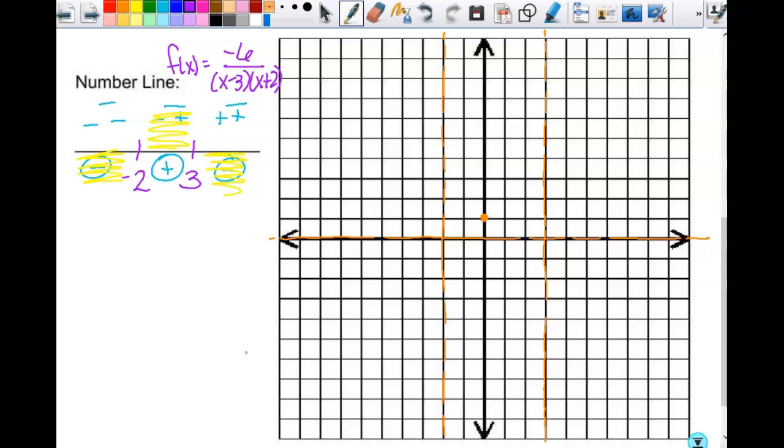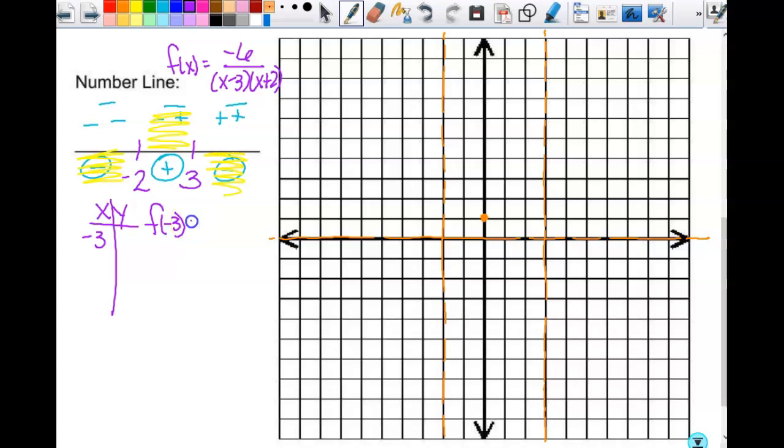All right, so here I know from -infinity to -2, my function's negative. So it's down here somewhere. And it should look something like this, but I need to know exactly kind of where's the point to guide me a little bit. So the asymptote's at -2. Let's use -3. So I'm going to find f of -3.